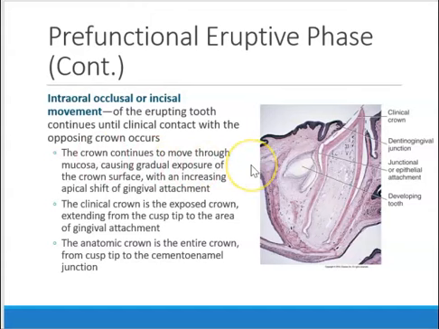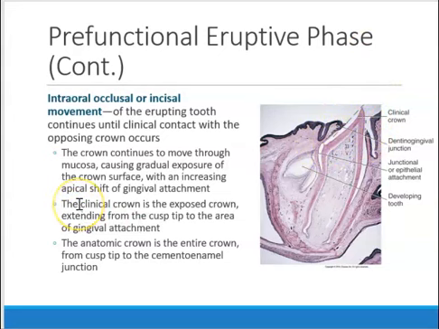And lastly, the last event that happens is intraoral, occlusal, or incisal movement. Intraoral means inside the mouth. Occlusal refers to the molars and premolars, incisal refers to the anterior teeth. They keep moving all the way up until clinical contact, until the opposing tooth on top meets the tooth right below it.